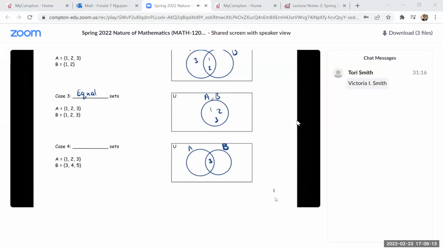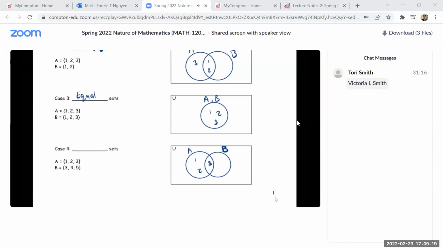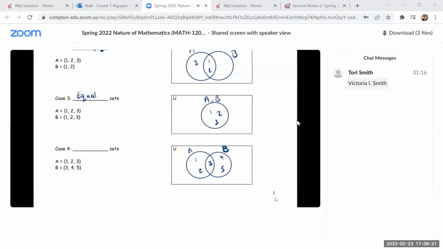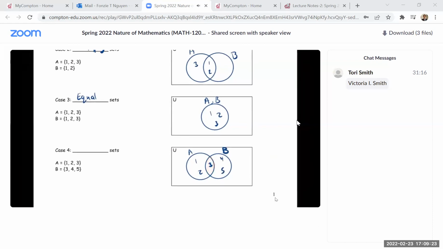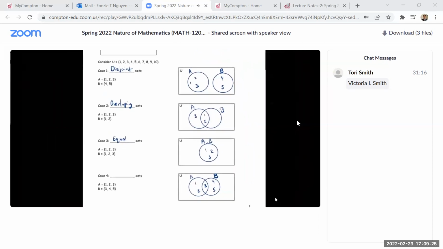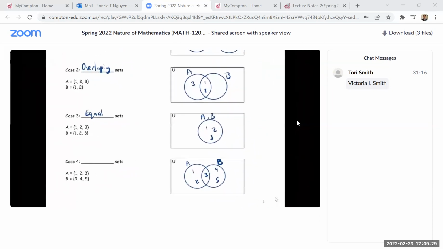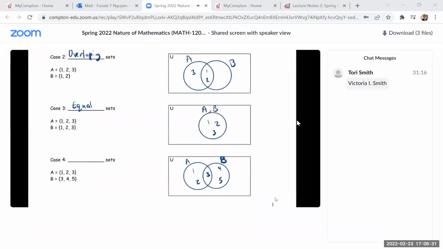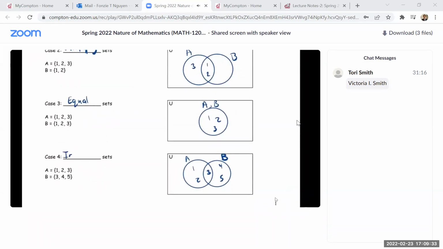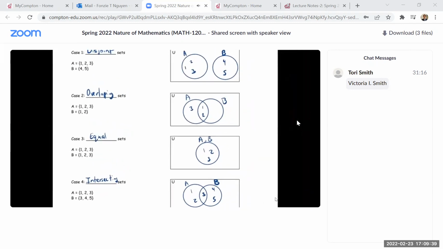And then the 1 and the 2 anywhere over here in A, and then the 4 and the 5 would be anywhere in B, as long as it's not in the overlap region. This one's called intersecting sets.